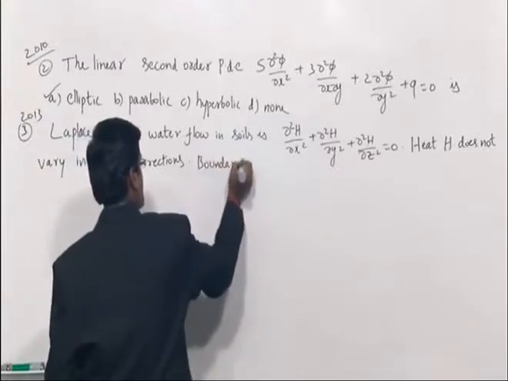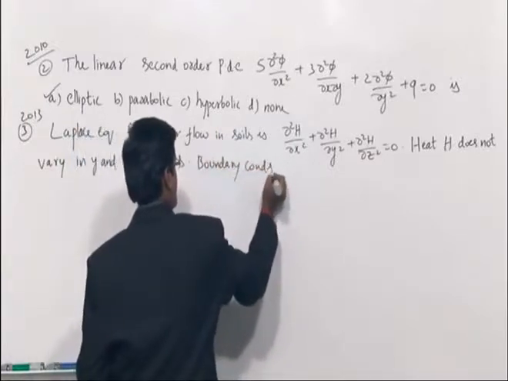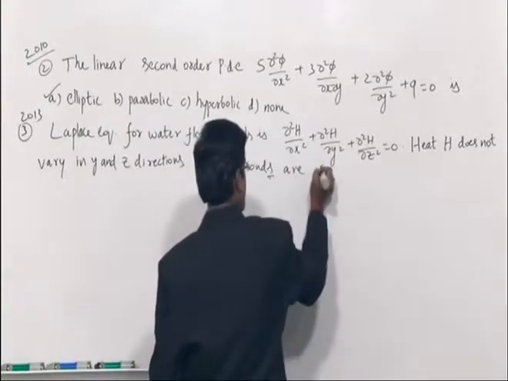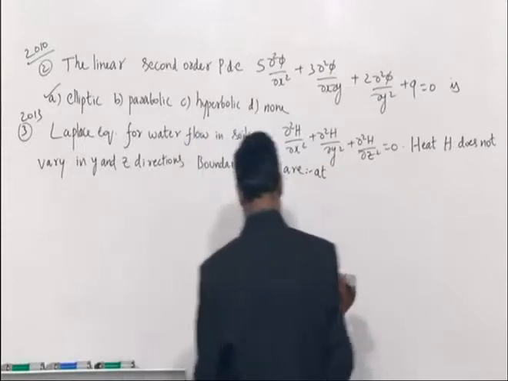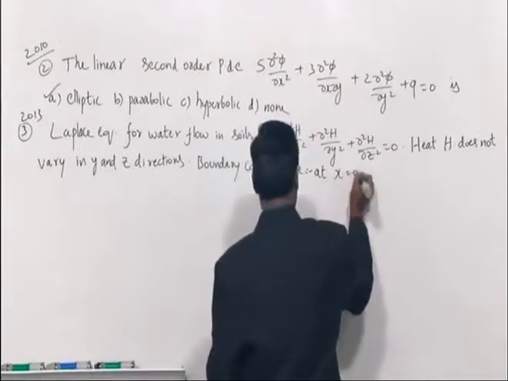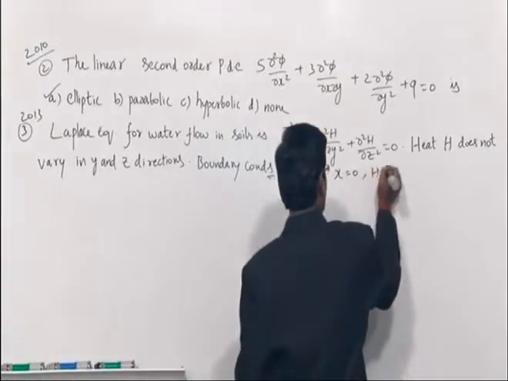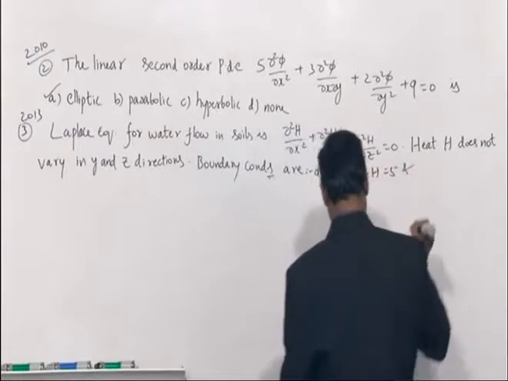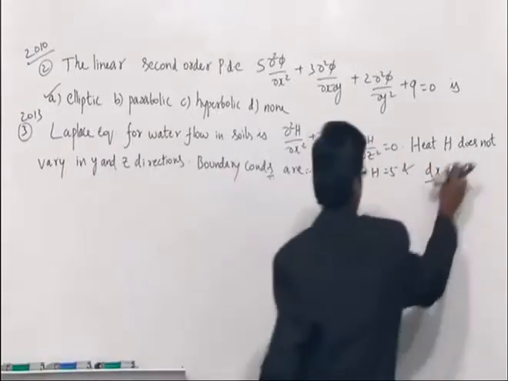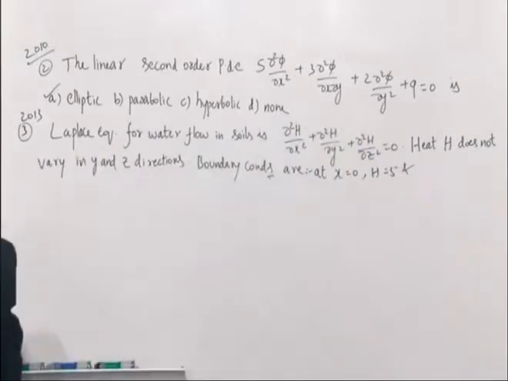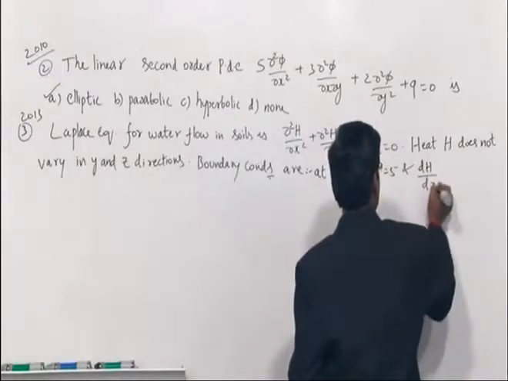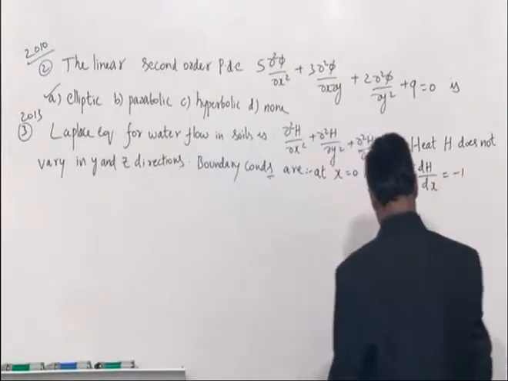Boundary conditions are: at x is equal to 0, h is equal to 5 and dh by dx is equal to minus 1.